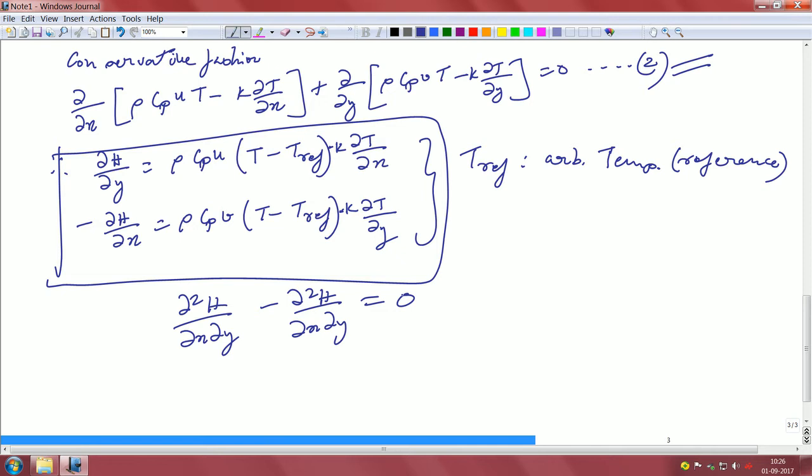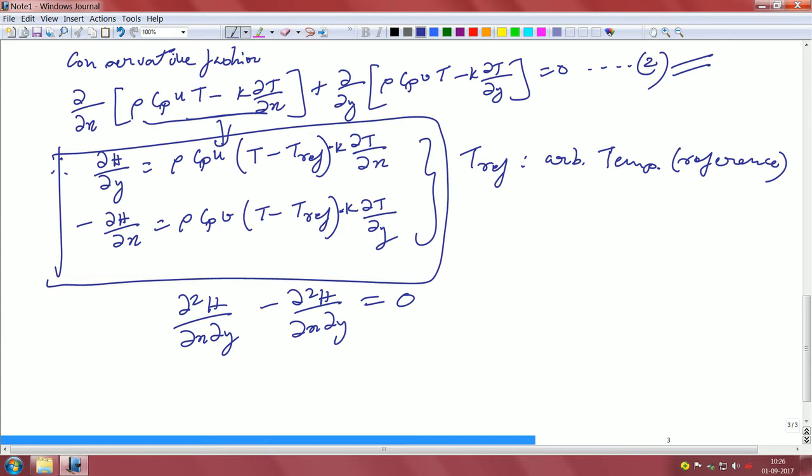That is what you are going to get if you define it in such a way. So this satisfies the conservation of energy, like the stream function satisfies the conservation of mass.